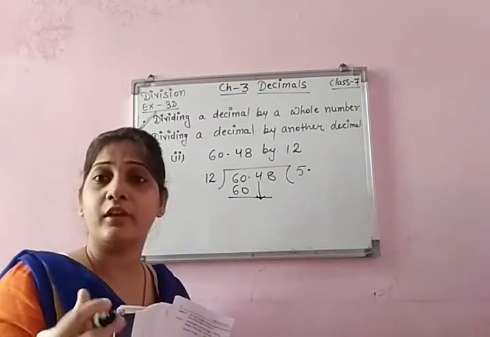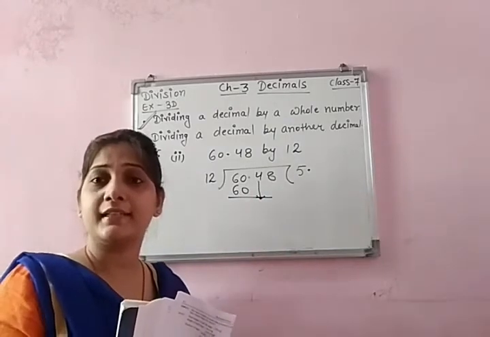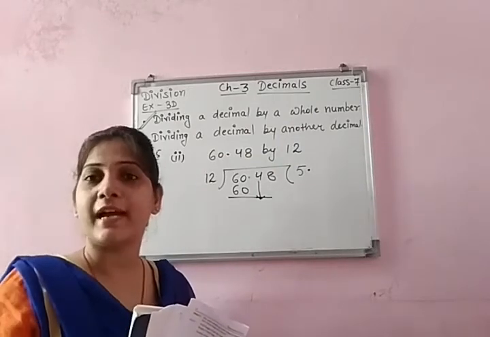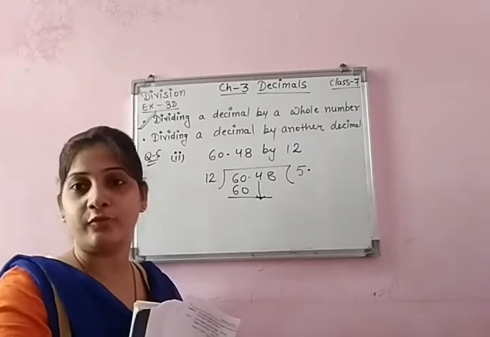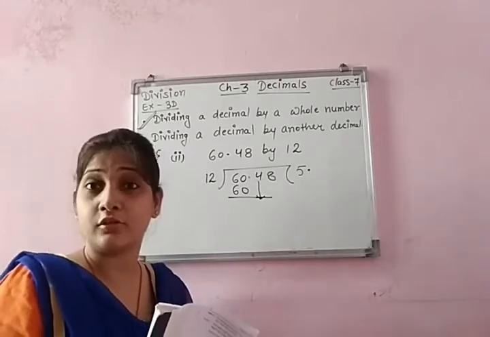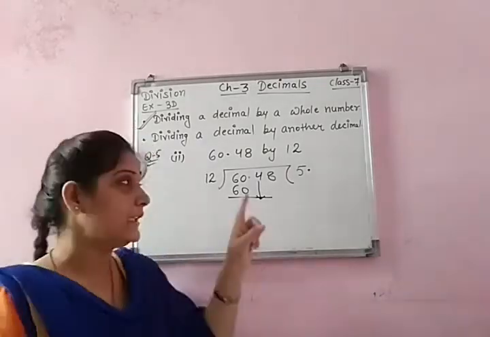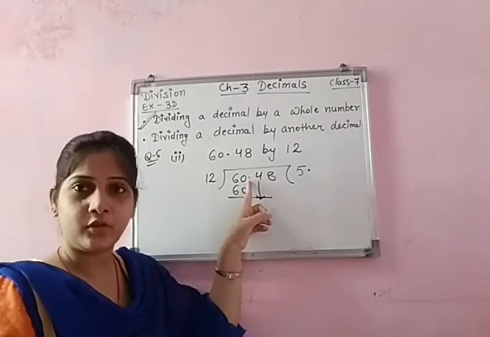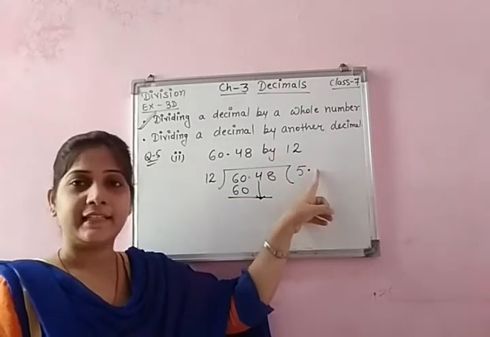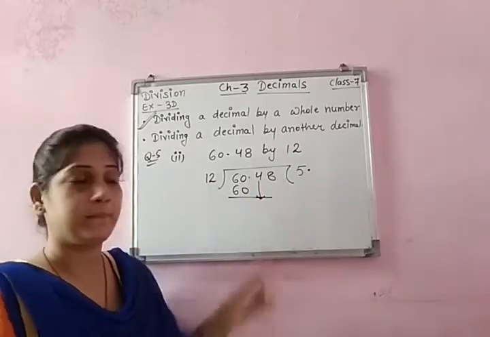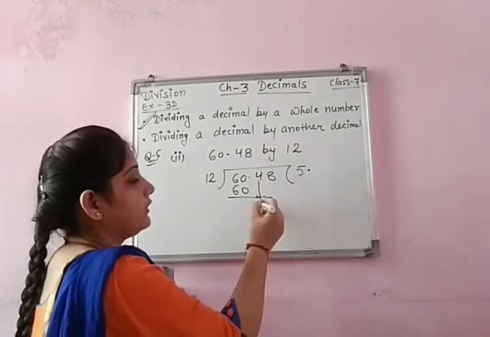Like when we are walking on a road and there is a stone in between, we have to remove that stone first, then we can move further. Otherwise we will get injured. Similarly, consider this point as a stone. We have to remove this, send it here in the quotient, and now we are free to copy down this number. So I am writing this 4 downward.